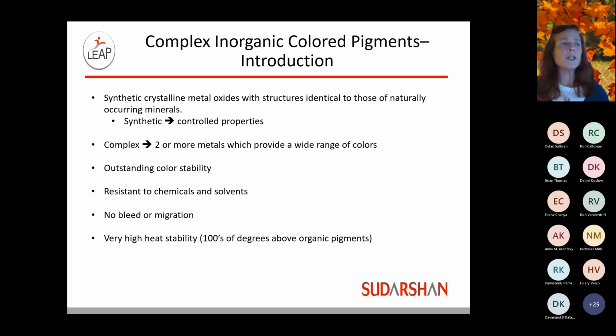As far as properties are concerned, they do have outstanding color stability. They are resistant to chemicals and solvents. They don't bleed or migrate, and they have a very high heat stability, typically hundreds of degrees above organic pigments in a similar color space. And with all of these properties, they are truly a high-performance pigment.